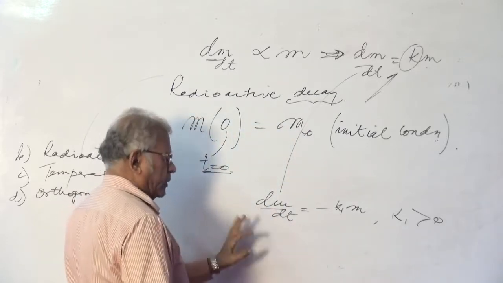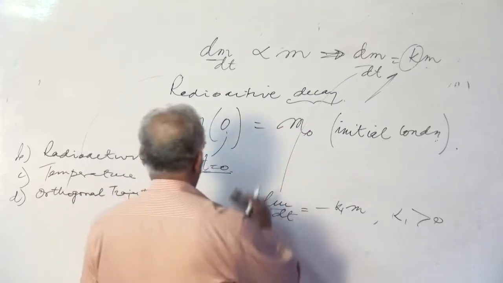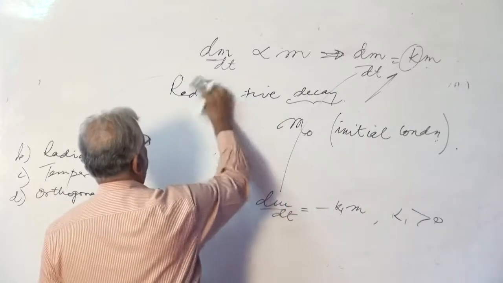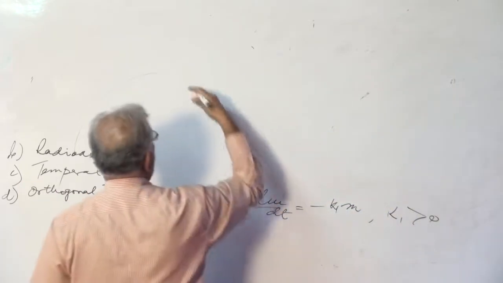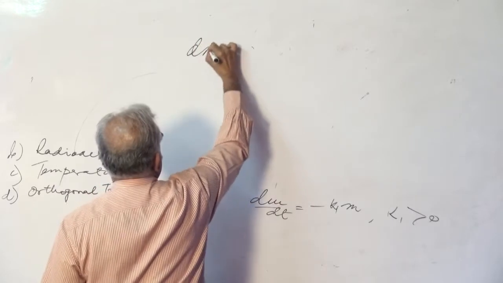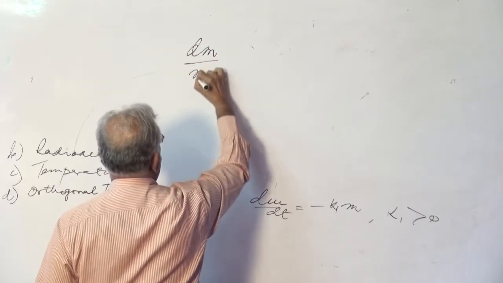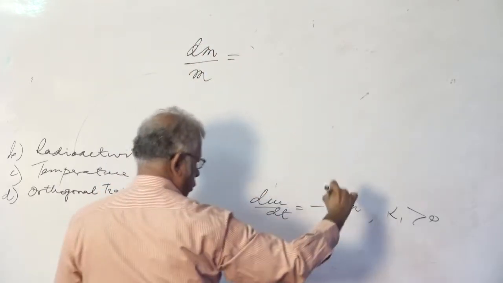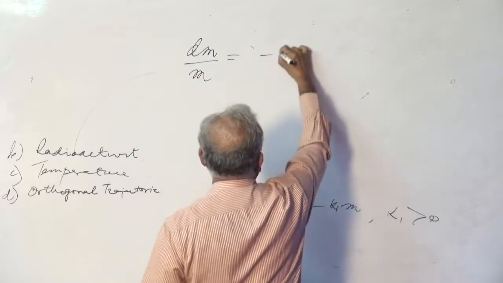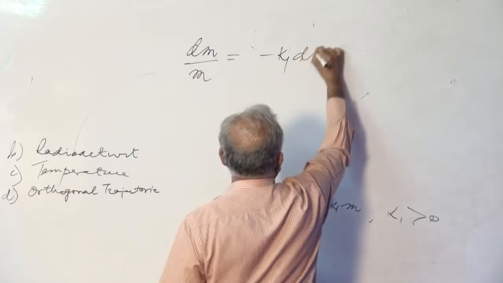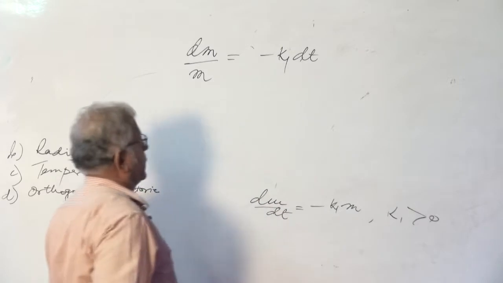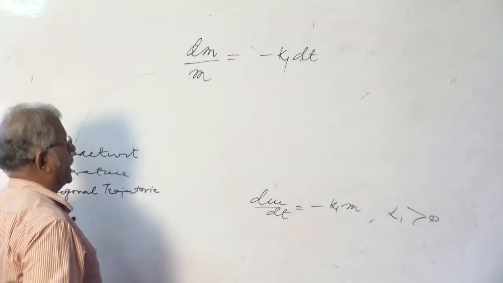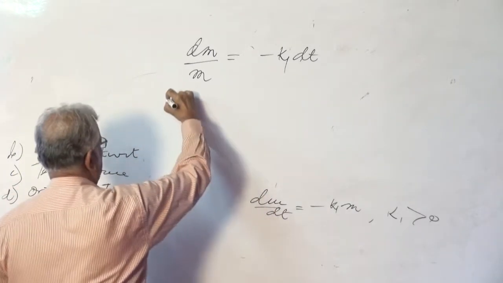So we will solve this. This actually does not take much time to solve. This can be written as dm over m is equal to minus k1 dt. In the next step, we can integrate both sides.